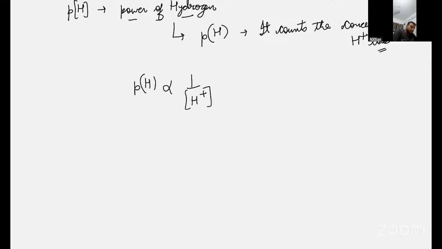This box which I am making is not a normal box. This is called the concentration box. In a solution, if H plus ions are high in number, then the pH value will be low. Are you getting my point? More H plus ion concentration, lower the pH.